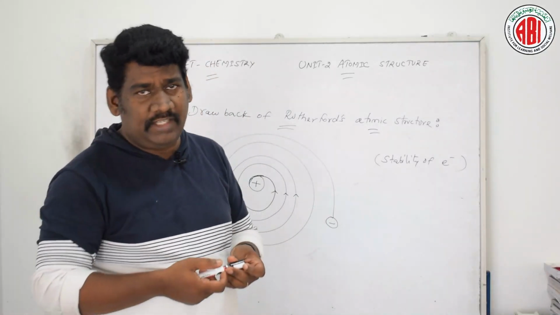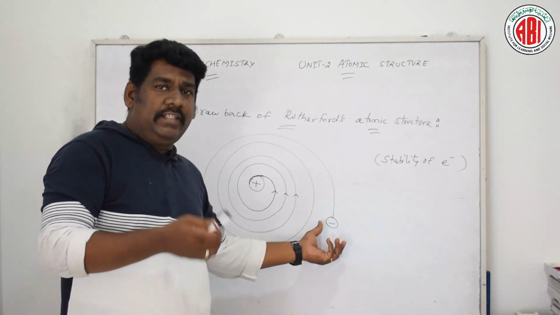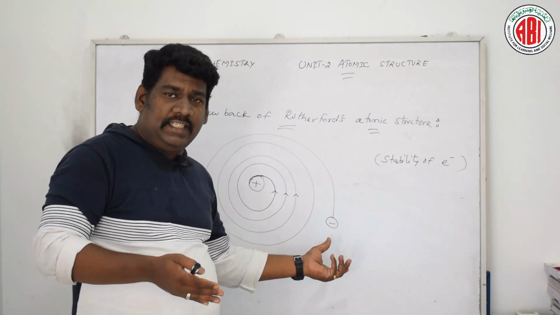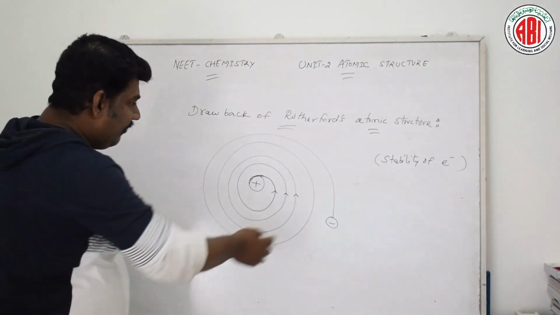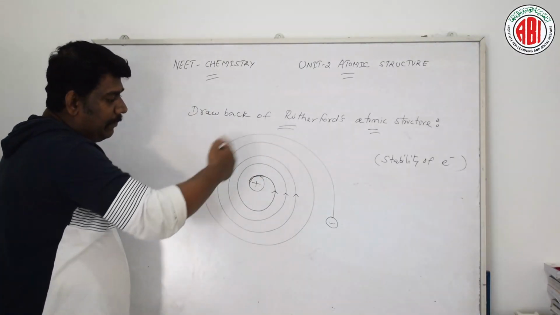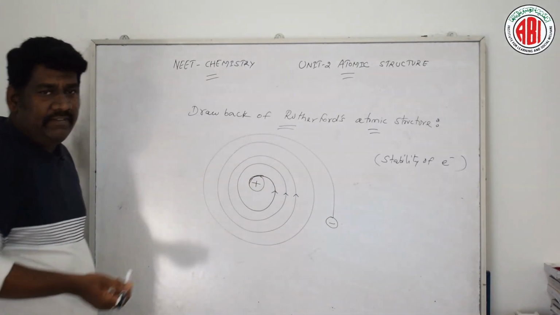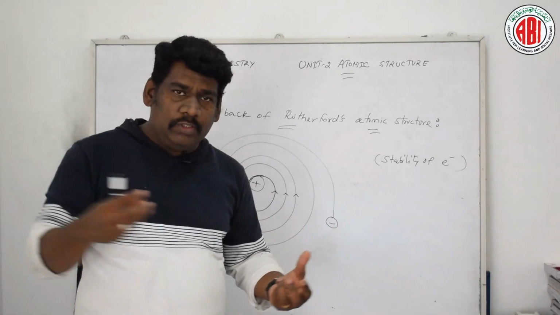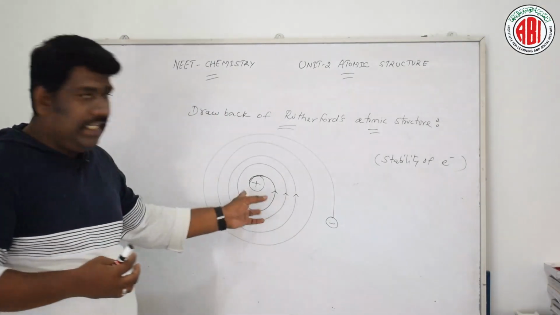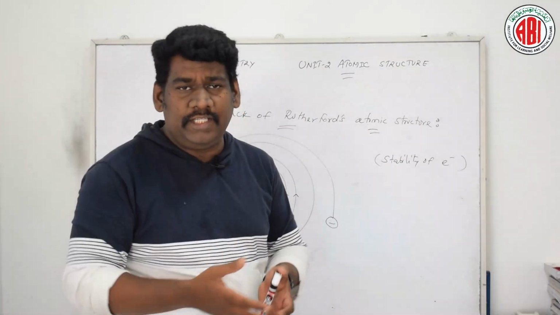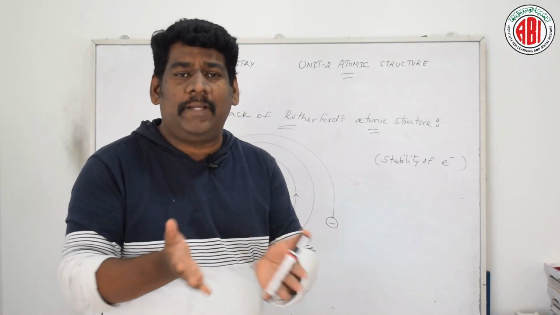As a result, the electron should lose its energy at every turn. For every turn of its path, it could lose its energy. Finally, it could come closer and closer to the nucleus, fall into the nucleus, and collapse.